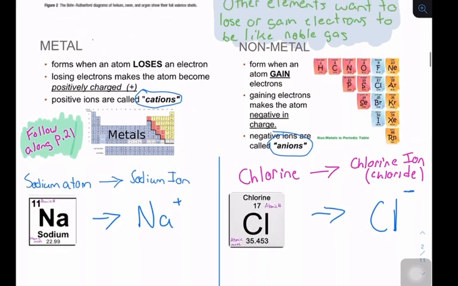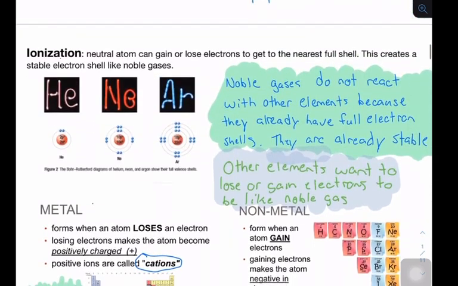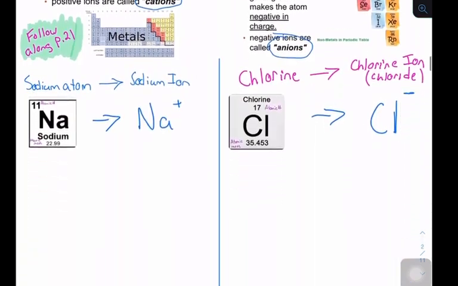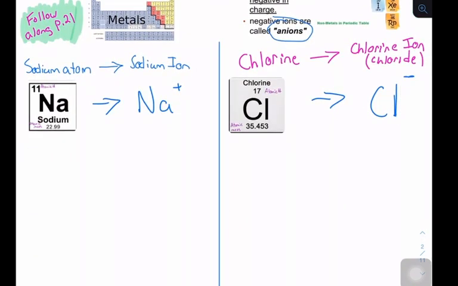This is called ionization. Ionization is where a neutral atom can gain or lose electrons to get to the nearest full shell. This creates a stable electron shell like noble gases, but it does something to the overall electrical charge of the atom, and we call that becoming an ion.